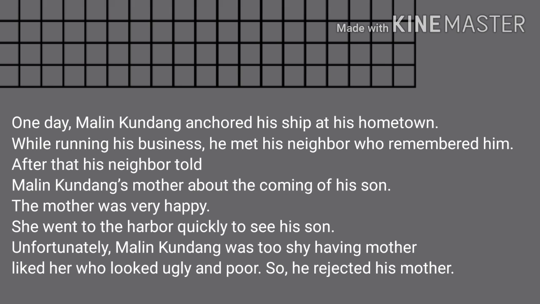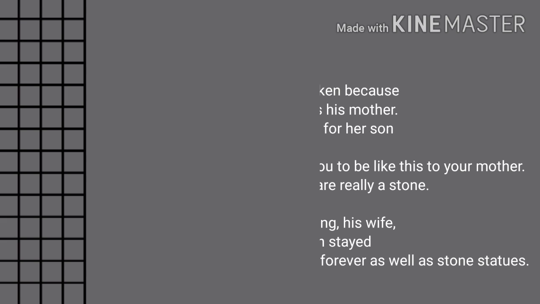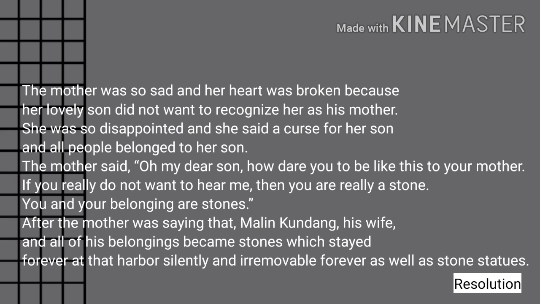One day, Malin Kundang anchored his ship at his hometown. While running his business, he met his neighbor who remembered him. After that, his neighbor told Malin Kundang's mother about the coming of his son. The mother was very happy. She went to the harbor quickly to see his son. Unfortunately, Malin Kundang was too shy having a mother like her, who looked ugly and poor, so he rejected his mother. The mother was so sad, and her heart was broken because her lovely son did not want to recognize her as his mother.